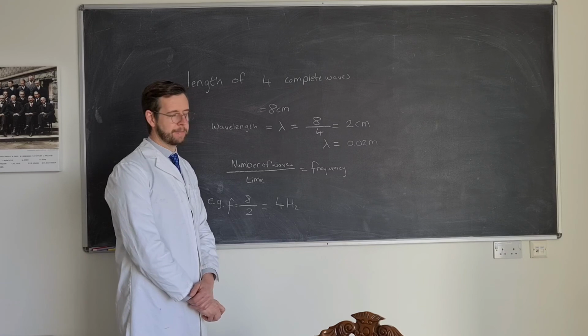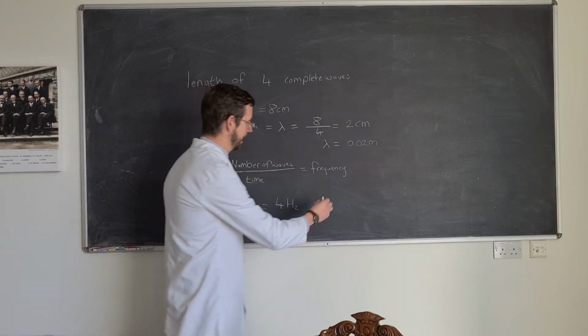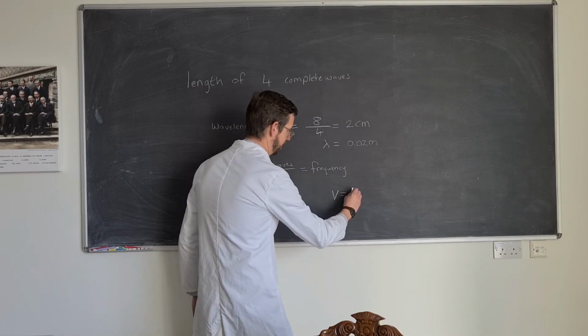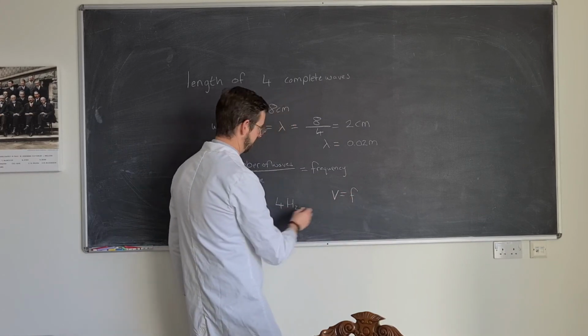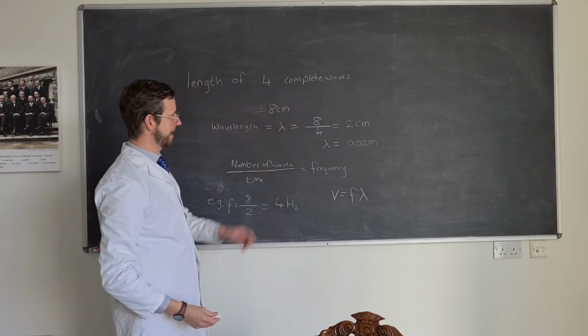The very final step is we need to be able to calculate the wave speed. And we do that using the wave equation. v equals f, the frequency, times lambda, which is the wavelength.